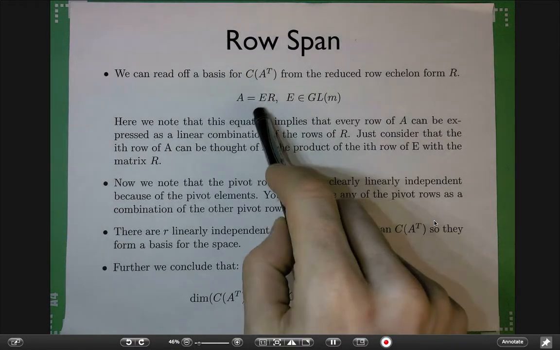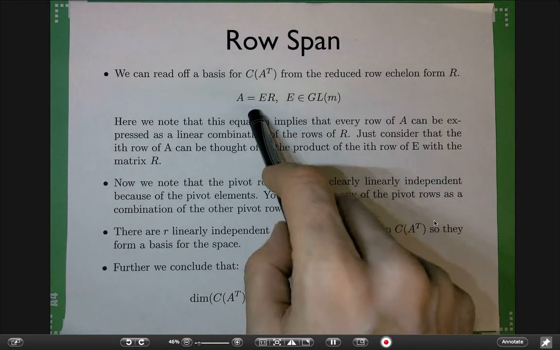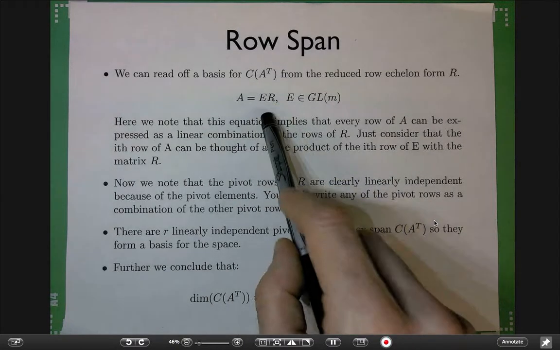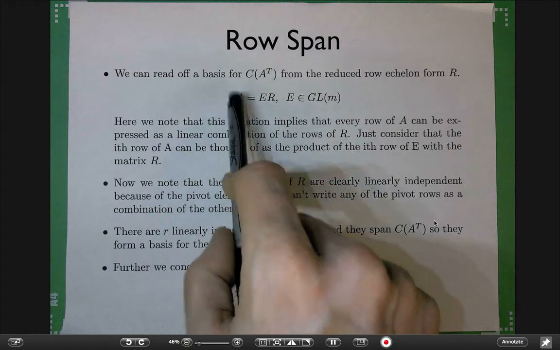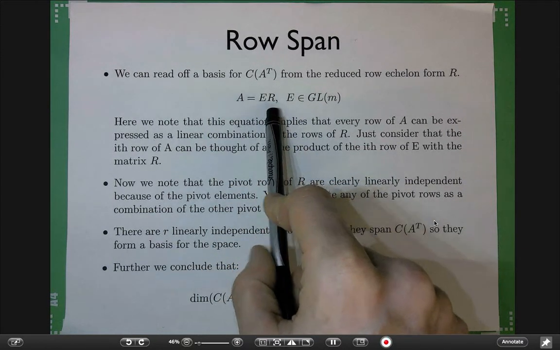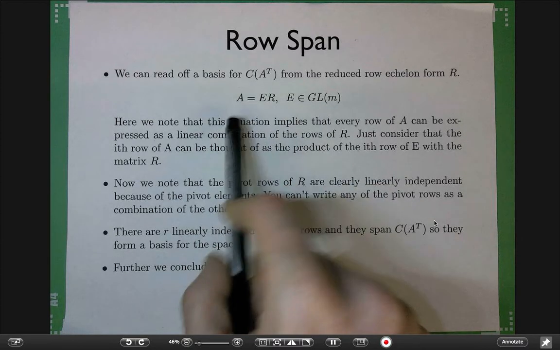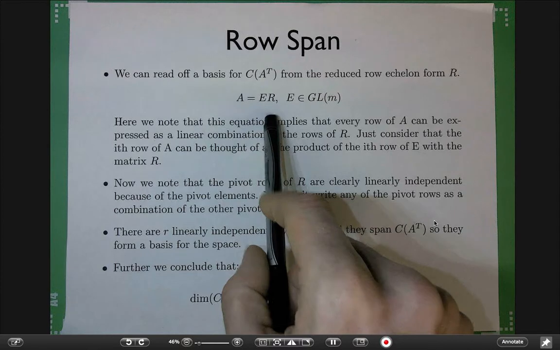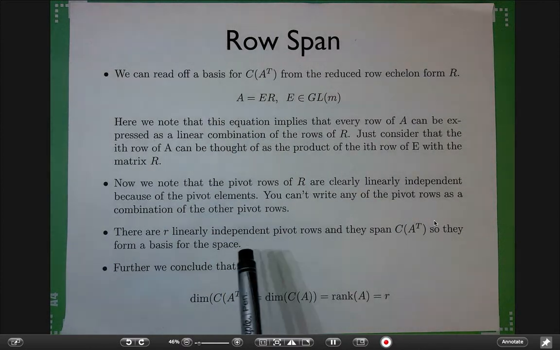All these things can be encoded by this matrix E, which is invertible. So what that means is that the row space of A is the same as the row space of R. So to read the row span, it doesn't matter if you work with A or R. So we can convert to the reduced row echelon form R and figure out what the row space is there.